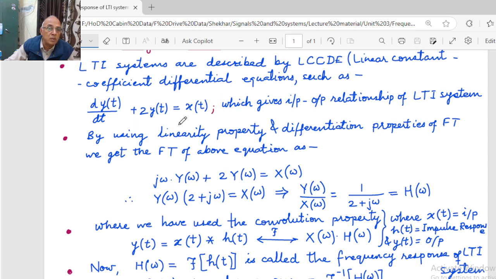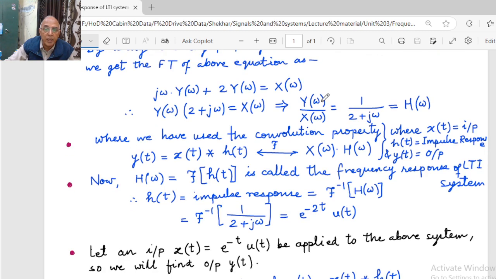It may be first order, it may be second order, whatever. So if you take the Fourier transform of that differential equation, you can solve for Y(omega) by X(omega). That will be called the frequency response.